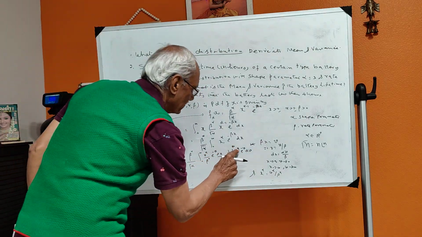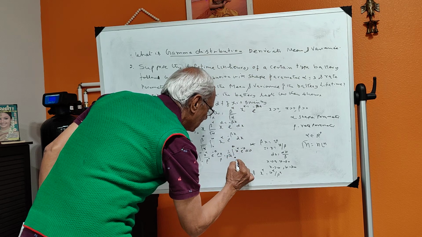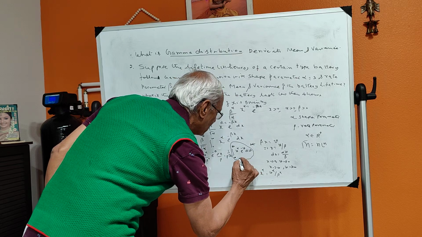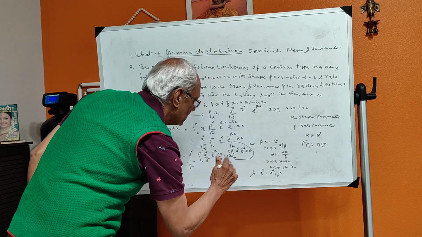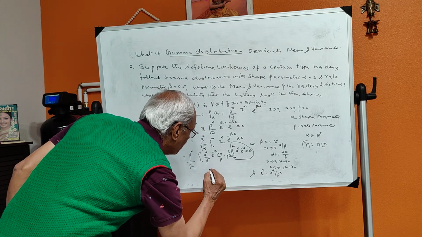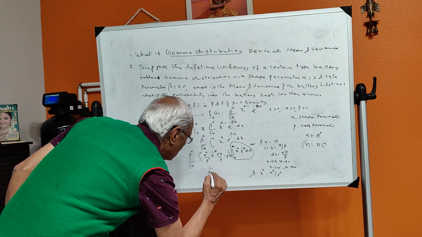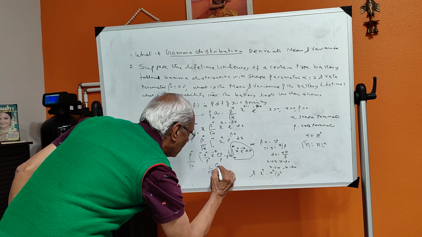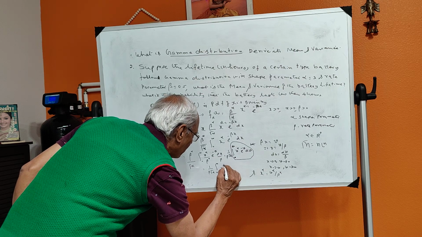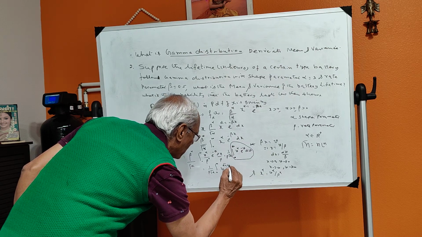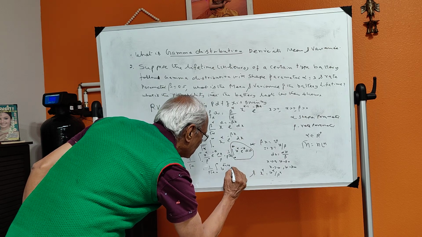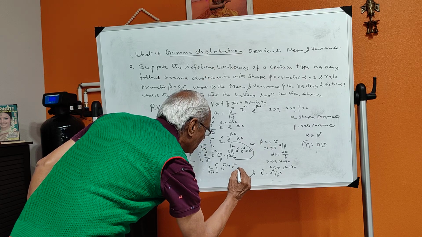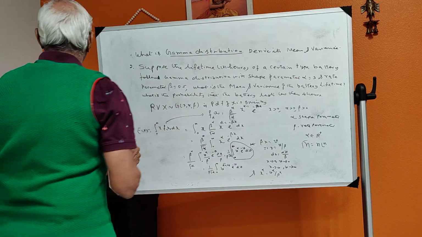So this is a gamma function. This is a gamma integral. Let me write this as 1 by beta into gamma of alpha, the integral from 0 to infinity of v to the power of alpha plus 1 minus 1, e to the power of minus v dv.